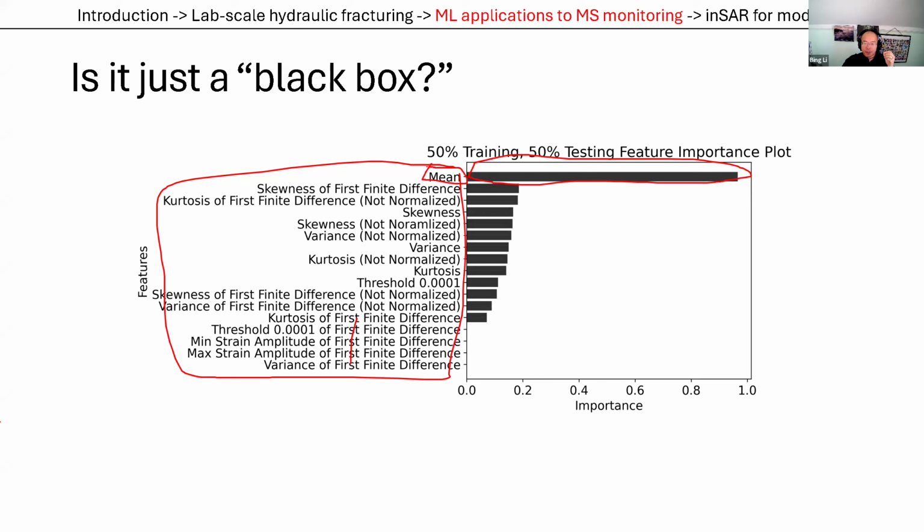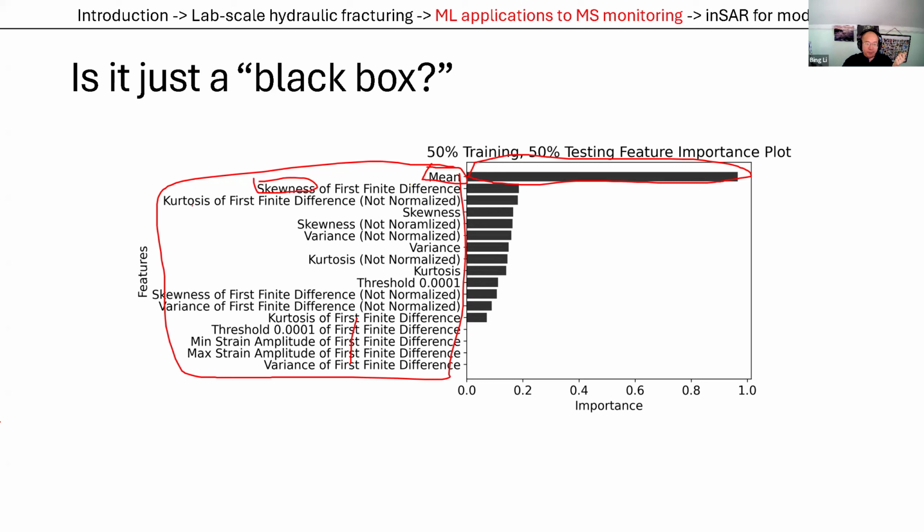You can see that the mean has the highest importance in these predictions by far, which I think makes sense, because the average energy level of our system is the best indicator of how close it is to failure, how close it is to instability. So I think that makes sense.